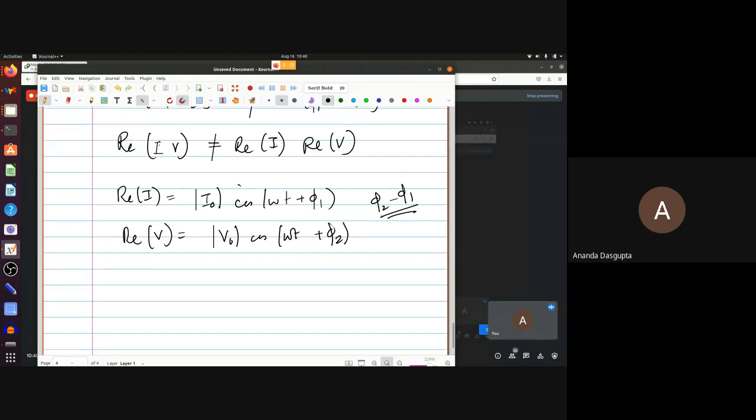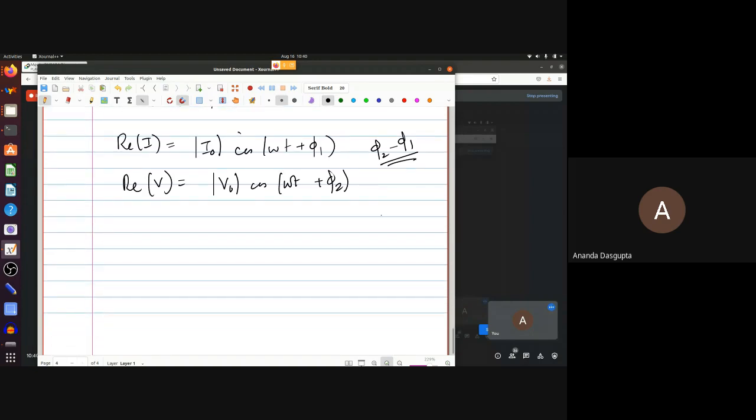It's really the phase part of z. So these are the actual currents. Although we are calling this the real part of I and real part of V, these are really the actual I and actual V. And the power is simply mod I0, mod V0, cosine of omega t plus phi 1 times cosine of omega t plus phi 2. That's the instantaneous power.